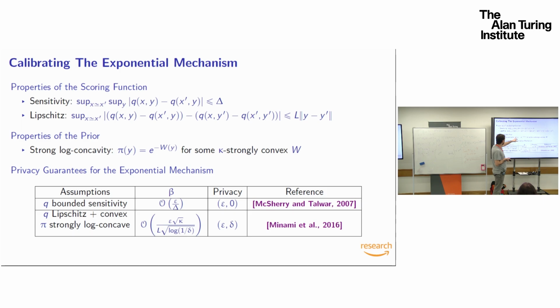The prior is strongly log concave if the density is e to the minus a strongly convex function. If you have these two assumptions, then you can get epsilon delta differential privacy with the exponential mechanism by taking beta to be this expression, which again has epsilon and L over the square root of the strong convexity parameter playing the role of delta.